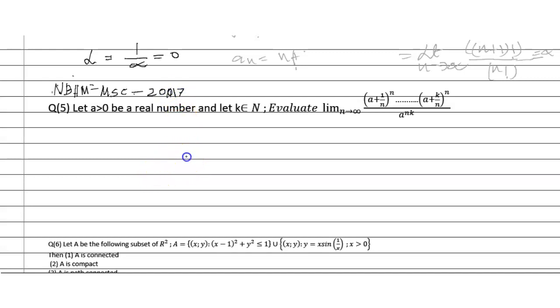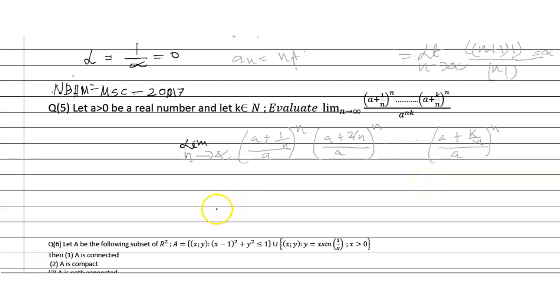So friends, limit n tends to infinity of (a + 1 by n) divided by a, whole to the power n, and (a + 2 by n) divided by a, whole to the power n, up to (a + k by n) divided by a, whole to the power n.